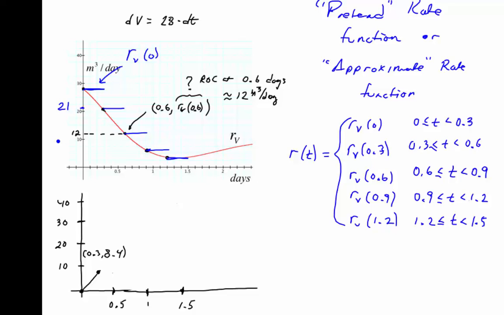Go. Using 21 as the estimate for R sub V of 0.3.